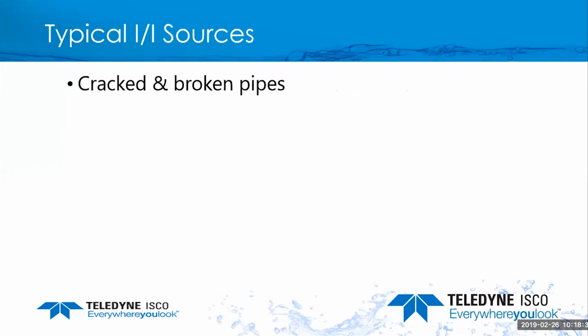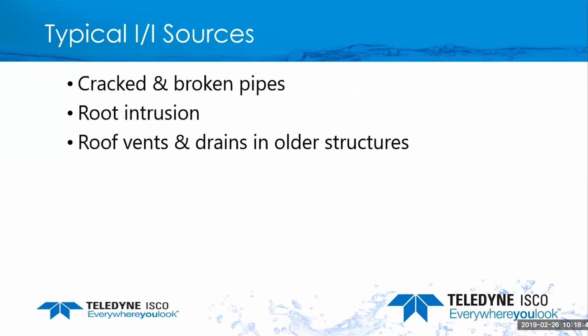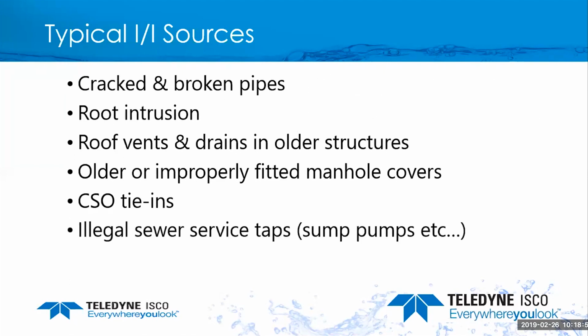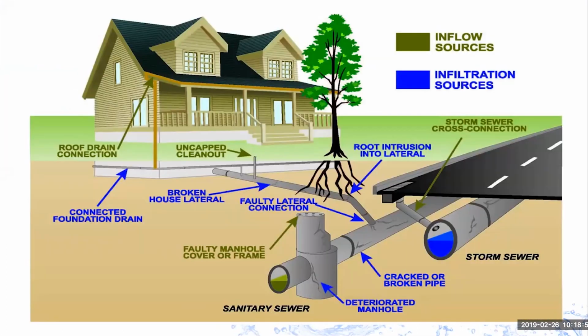So what are the typical sources of I&I? Cracked or broken pipes, roots, roof vents and drains into older infrastructure, older and improperly fitted manhole covers, combined sewer tie-ins, and illegal taps from houses such as sump pumps and downspouts. So what does that look like? In this graph, on the lateral, we have roots going into the sewer line, which could cause some blockage and allow water into the pipe.